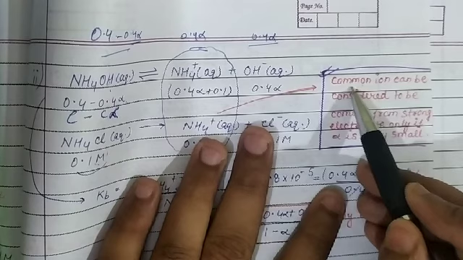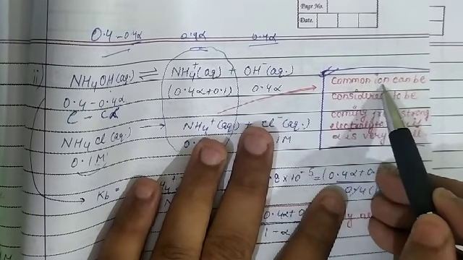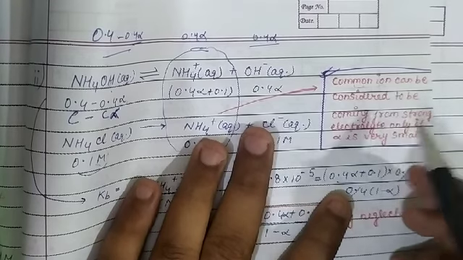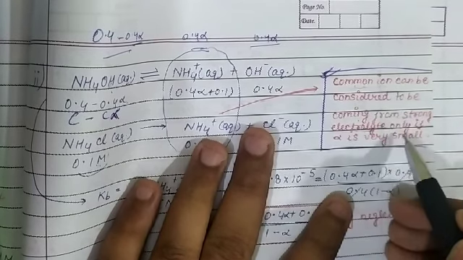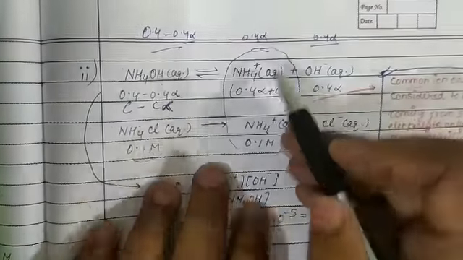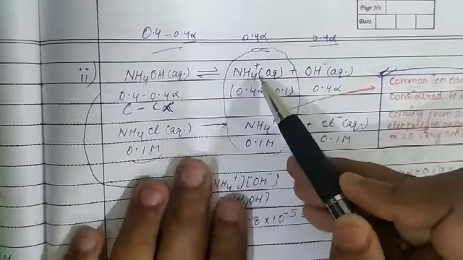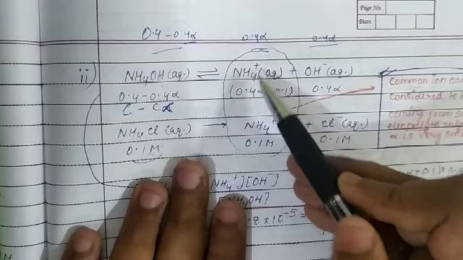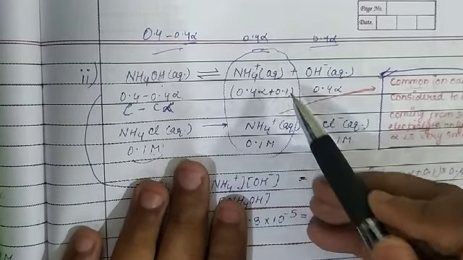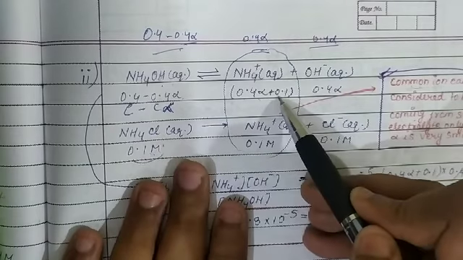We take the concentration of the common ion, NH4+, coming from the strong electrolyte only if alpha is very small. Total NH4+ in the solution is 0.4 alpha from the weak base and 0.1 from the strong electrolyte.